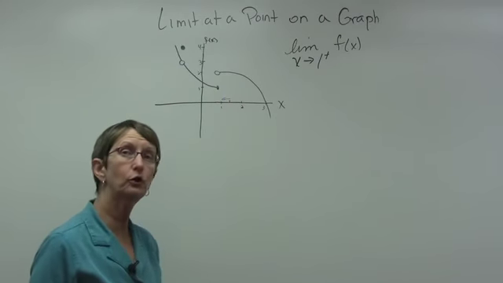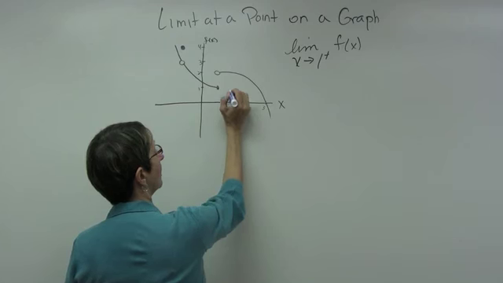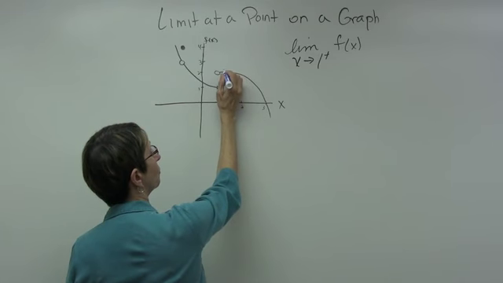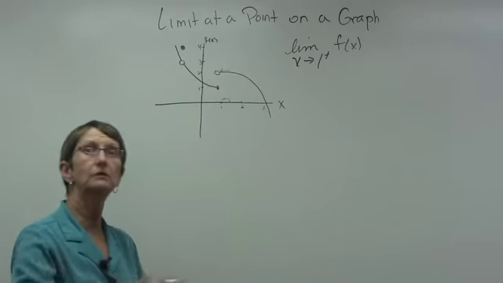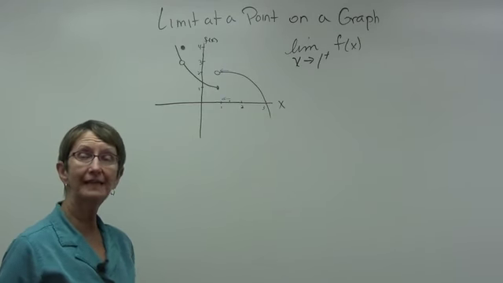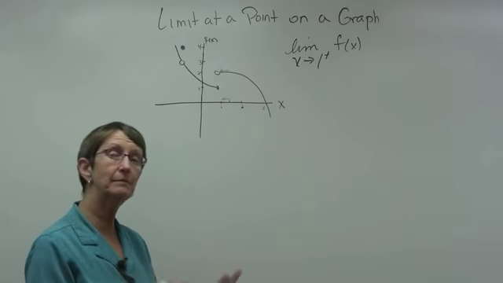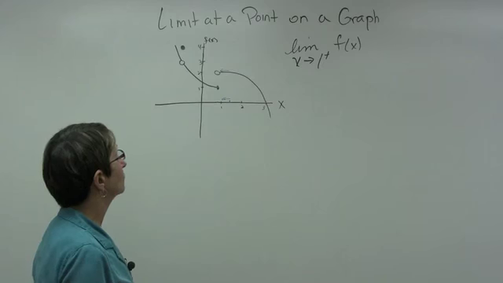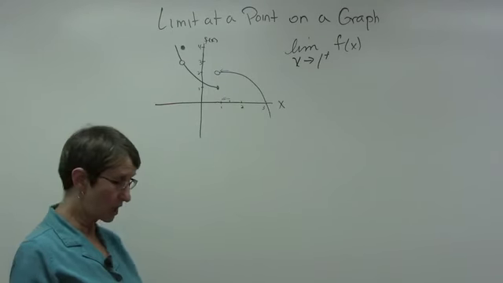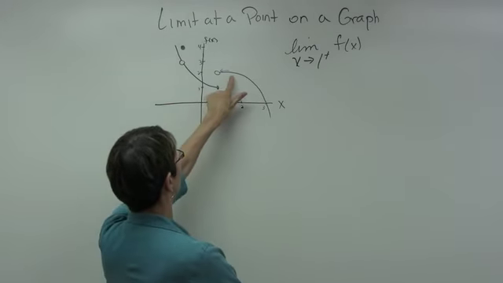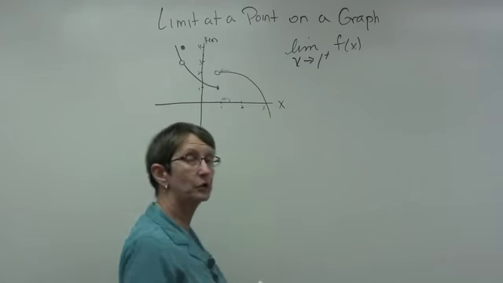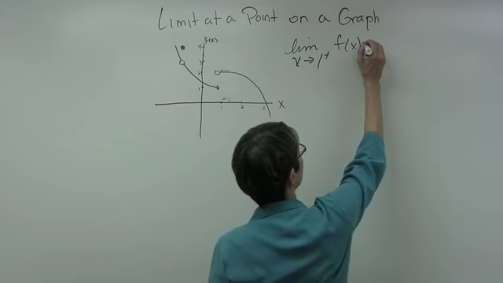And then you go to the graph about the same place and go towards the same direction, towards 1, and you find out what the y value is, because the limit is the y value. So when x is approaching 1 on the right here, it looks like the y value is 2. So that would be the limit.